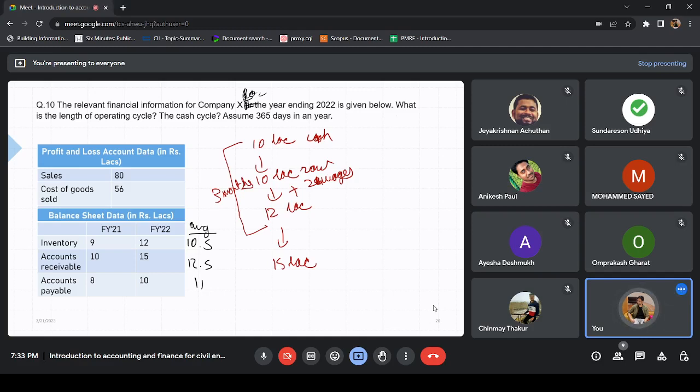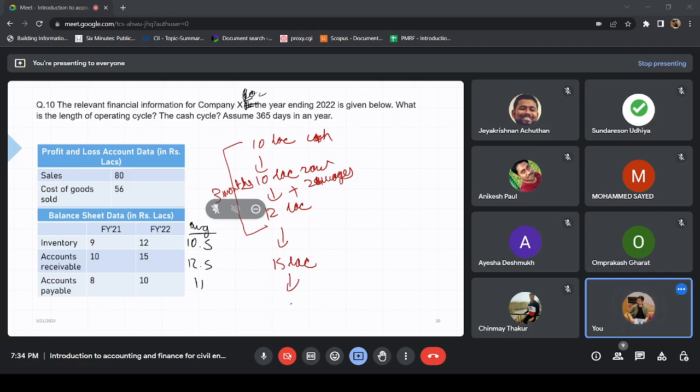Do you guys agree? If you're talking about a whole year and making balance sheets and all these calculations, we have one assumption that the company will go on forever. The operations won't stop. So similarly, after 3 months, when you have got some cash again or some cash receivable, here 15 lakh, the cycle will start again.